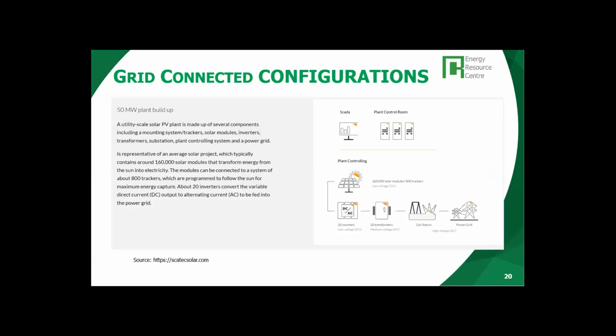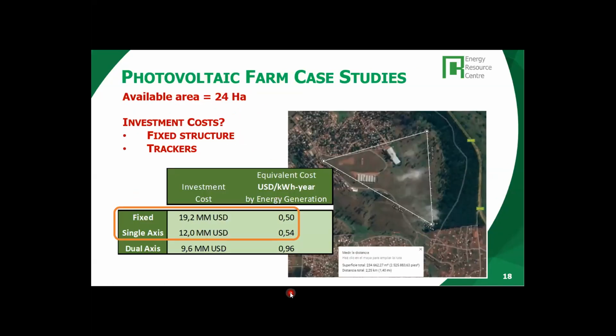So if we multiply this, sorry, I changed. We have this situation where the investment needed to install the fixed system is higher, because we need to put much more peak power capacity.